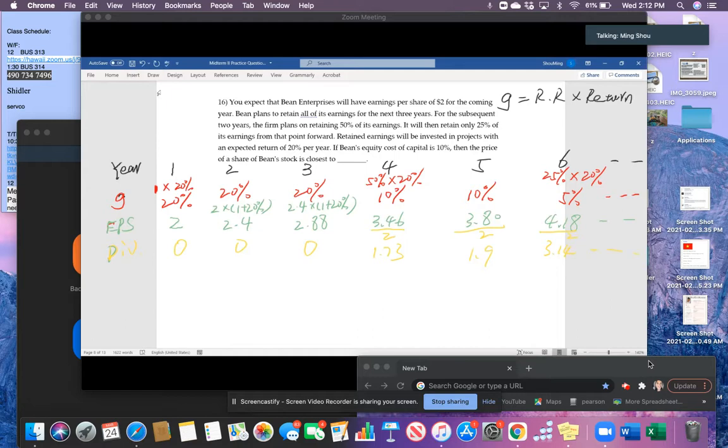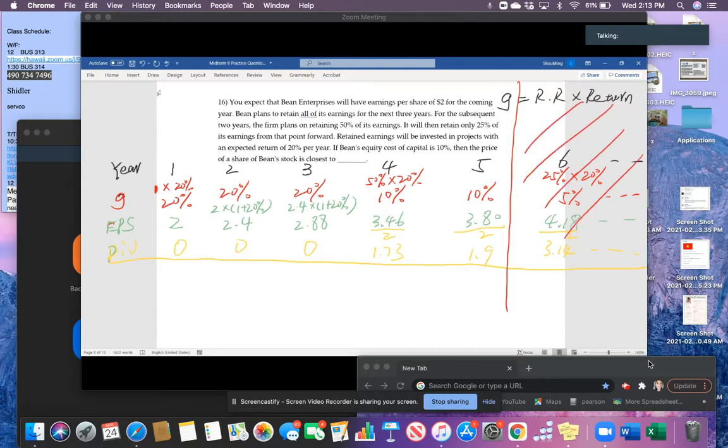And last forever. So this one actually is the cash flow the investors would receive, and this is the cash flow we need to use to calculate the stock price. But if you look here, after year 5, the dividend actually grows at a constant rate equal to 5%.